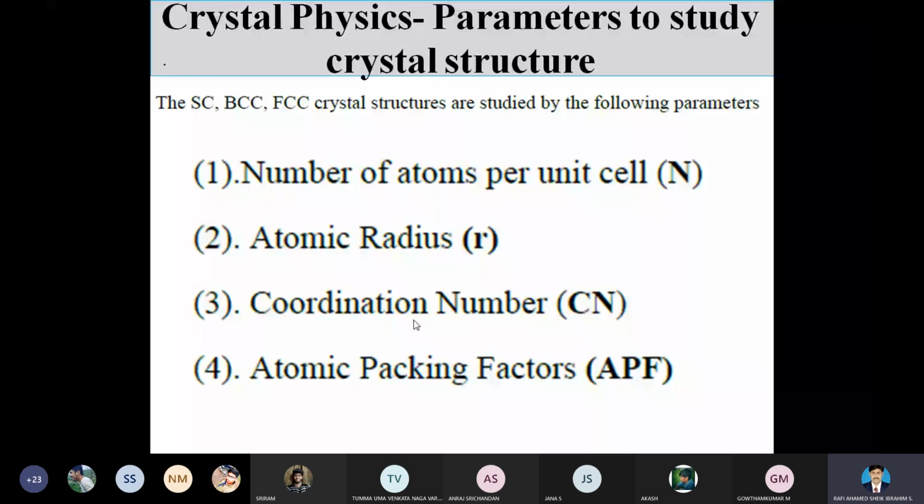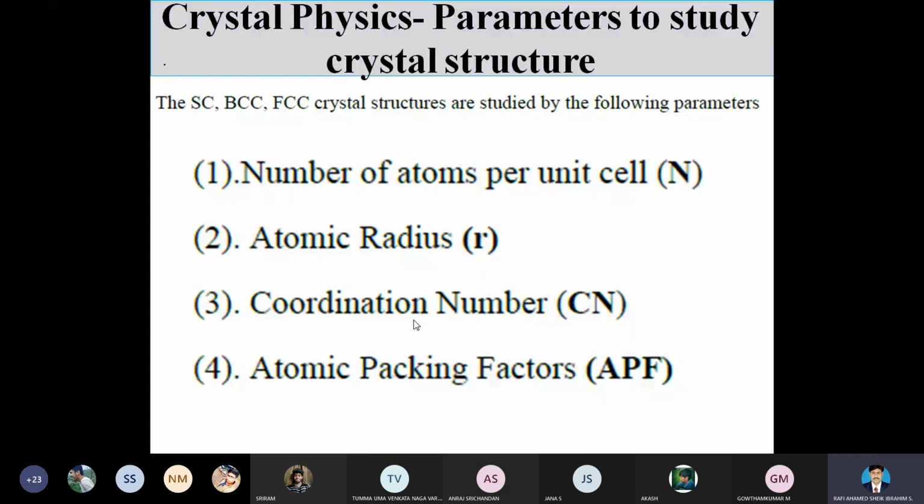How are we going to study these three different types of crystal structures? The crystal structure is going to be studied based on these parameters. The parameters are number of atoms per unit cell, atomic radius, coordination number, atomic packing factor. So we are going to consider only these four important parameters.